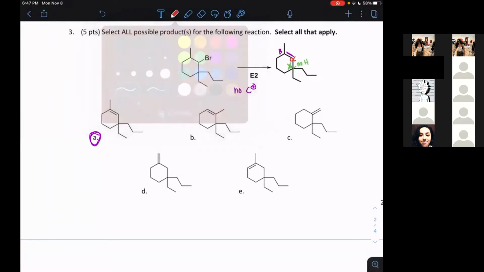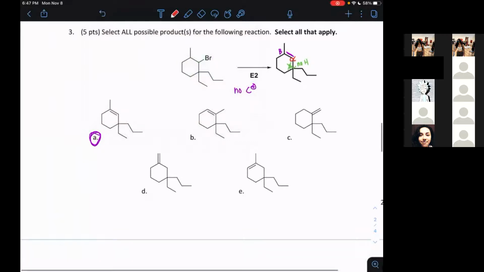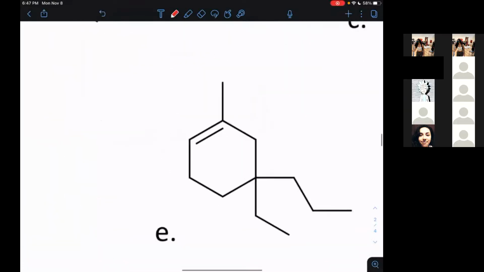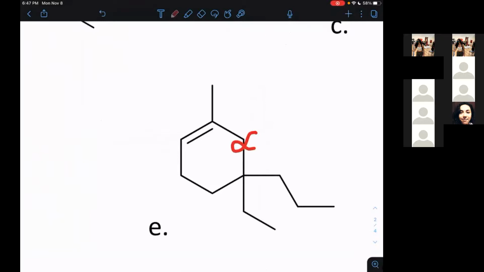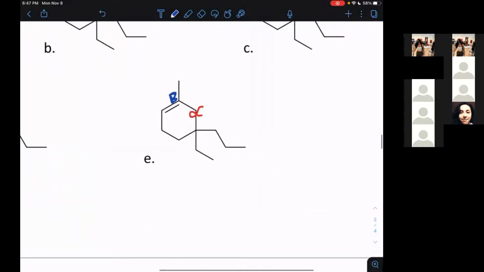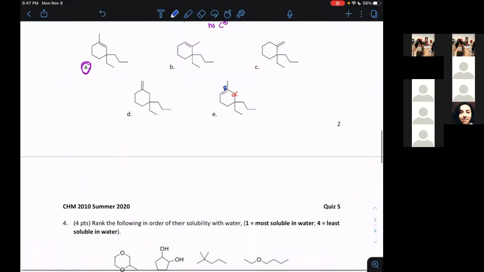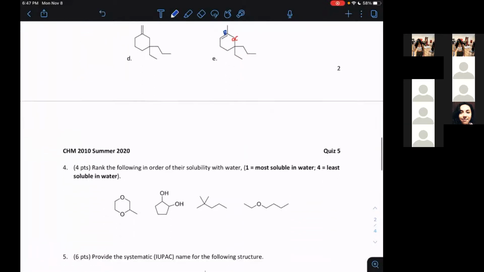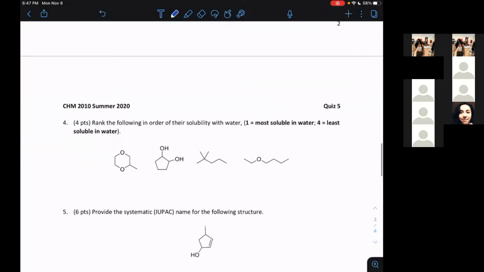The bond has to be attached to the alpha carbon. Yeah, sorry. Oh, I see where I made the mistake. I went on the side. Thank you. Okay, so there's that one. We could go to number 4.